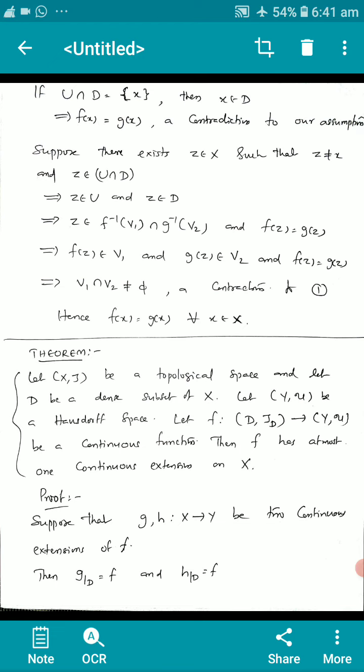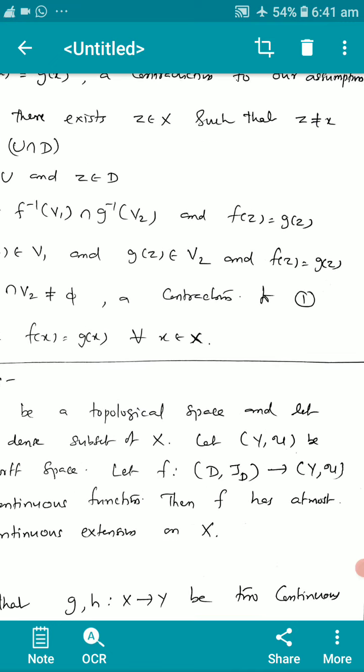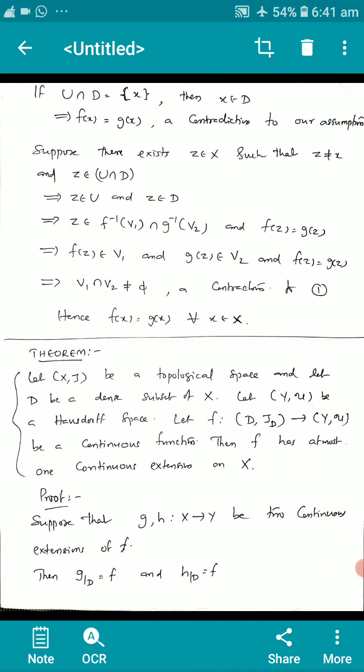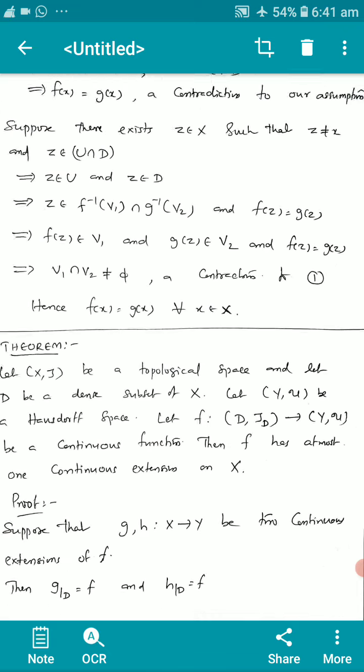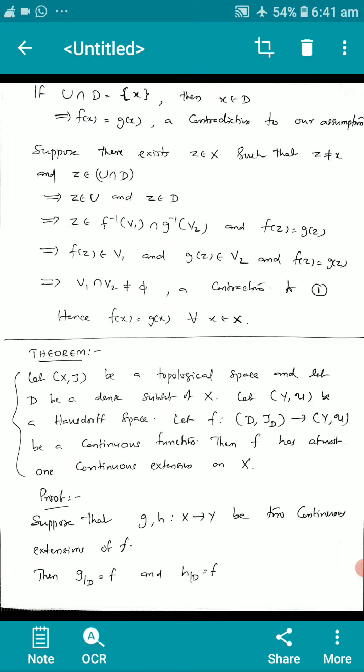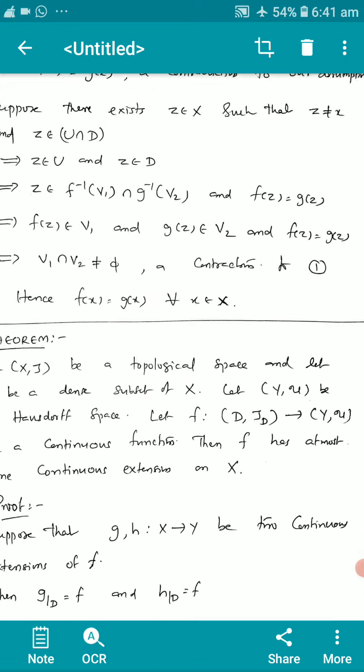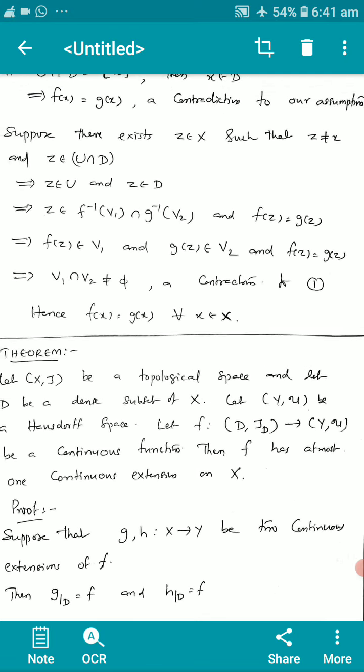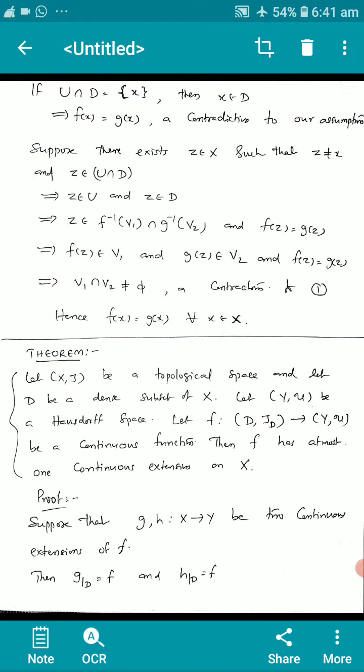Suppose there is z in X such that z is not equal to x, and z is in U intersection D. That means z is in U and z is in D, that is, z is in f inverse V1 intersection g inverse V2, and f(z) equals g(z).